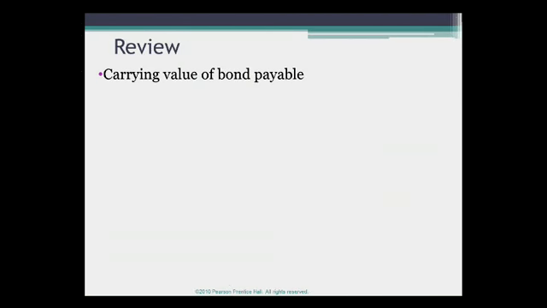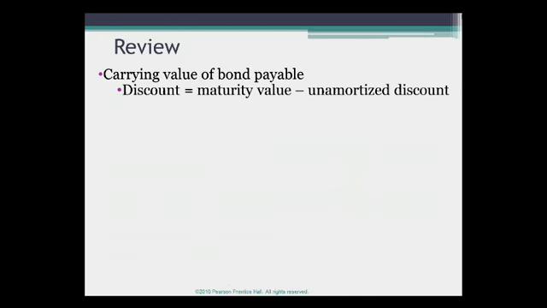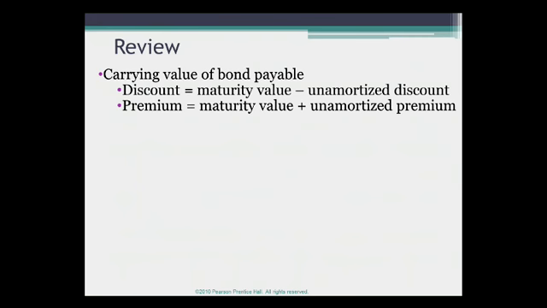Calculating your carrying value of your bond payable in the case of a discount is your maturity value minus any unamortized discount. In the case of a premium, it's your maturity value plus any unamortized premium.